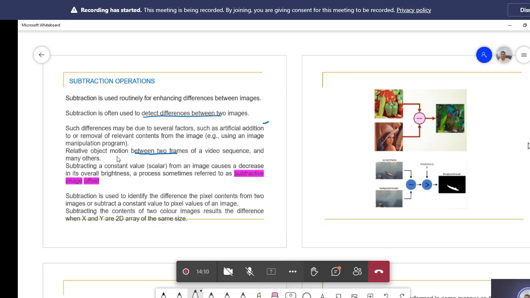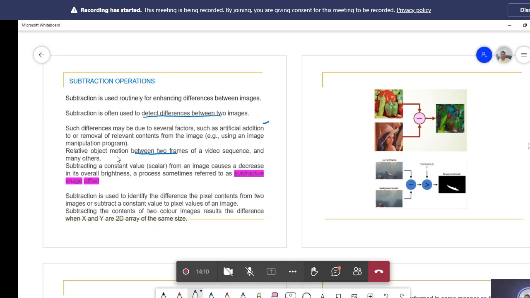Now see, subtracting a constant value, or a scalar value, from an image causes a decrease in its overall brightness. Okay, if you subtract a value, it means that at a coordinate the value is, suppose, 100, and you subtract a constant value 5. If you do 100 minus 5, what will come in the output at this point? 95.